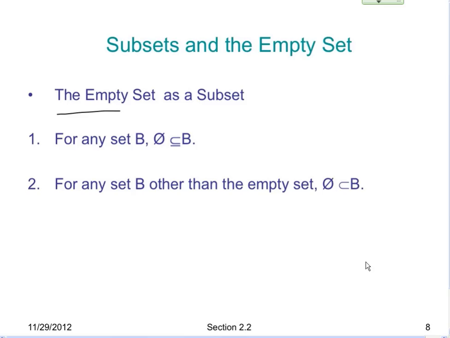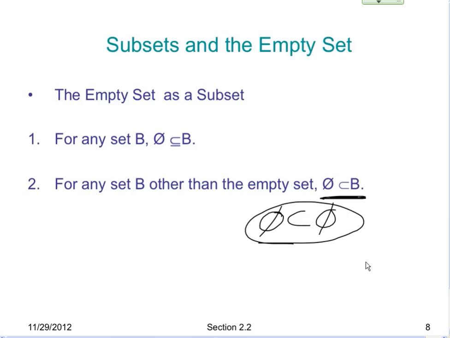The empty set. The empty set is always a subset of any set, regardless of the set you have. Now, as far as proper subset, if I were to say this, it would not be true. The empty set is not a proper subset of itself.